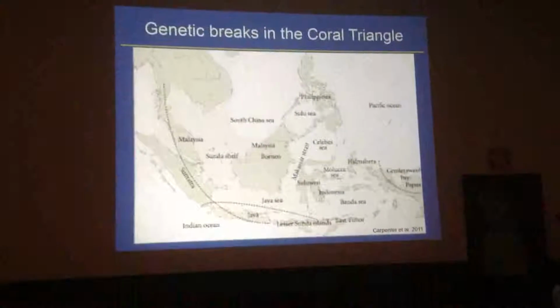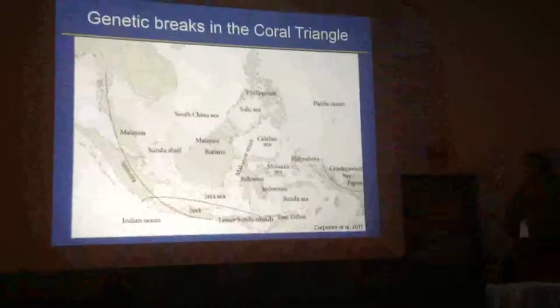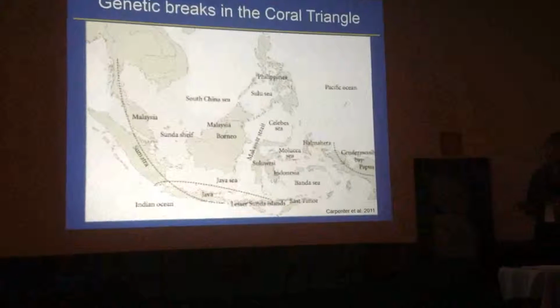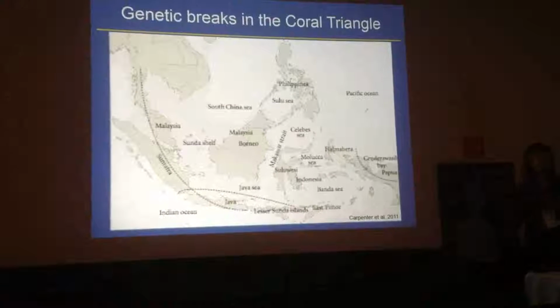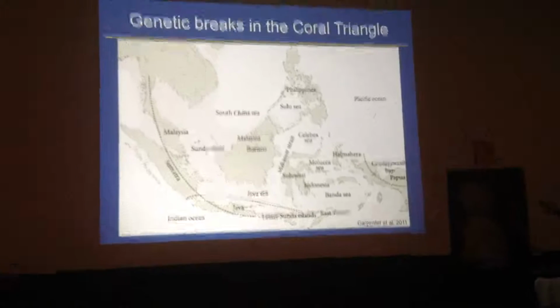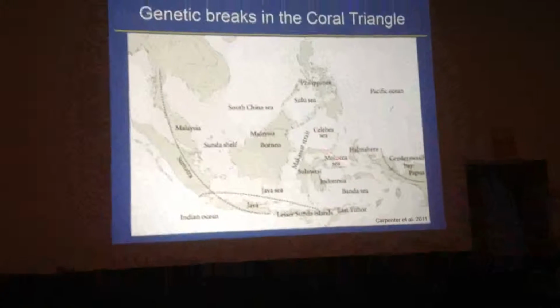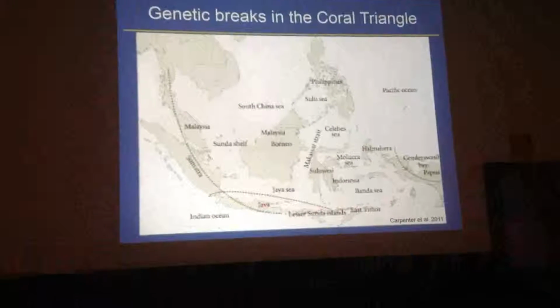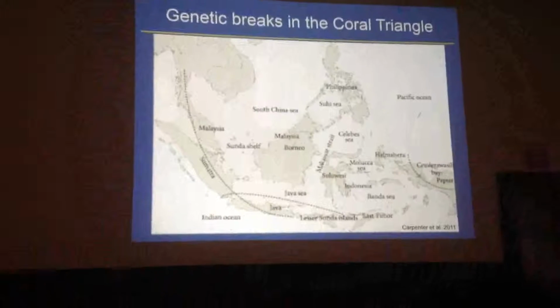Additionally, and that's indicated here by this line here, we also see a lot of patterns of population differentiation over different strong current features in the area, including here the Halmahera eddy, and then also here in the Java Sea, where there's a very strong seasonal reversing current preventing water flow between the north and the south.